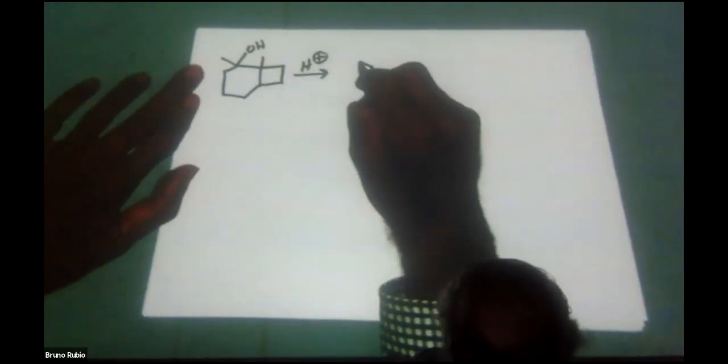Add acid. The product looks like it would be this, plus water. Okay, so let's write a mechanism.